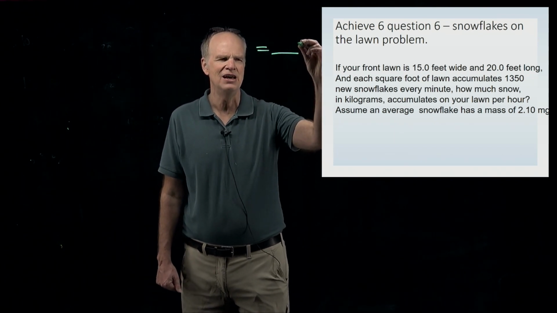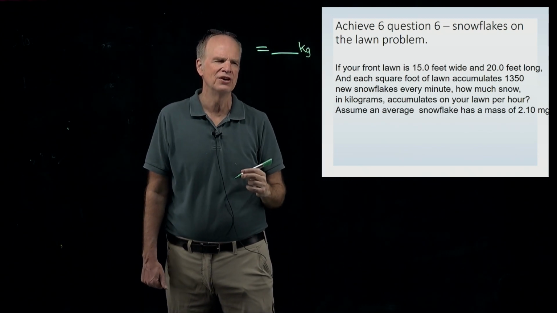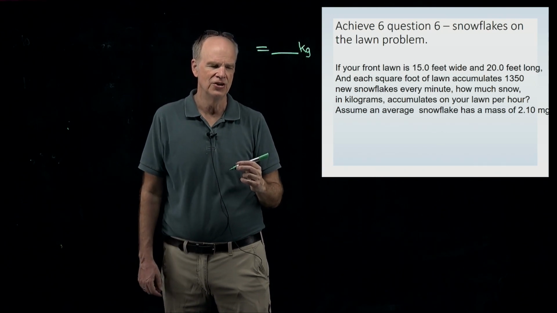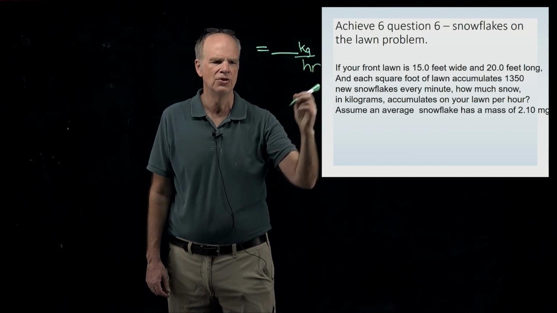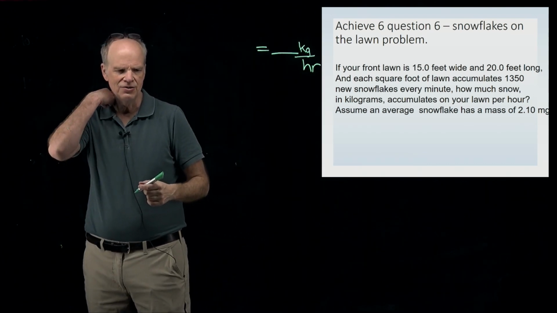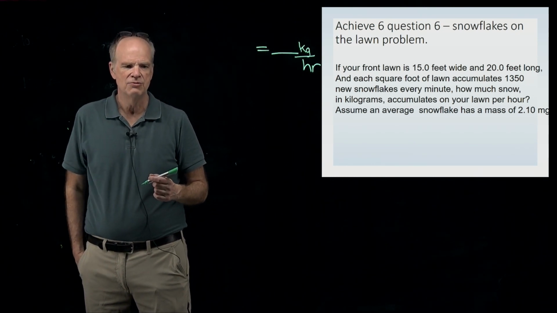So it may first seem like you want to get kilograms in the end, but really it's not quite that. They want to know the rate you get snow on your lawn in kilograms per hour. So we're really going to end up here with kilograms per hour. Okay. So now let's look at some of the starting information and think about where we may want to begin.